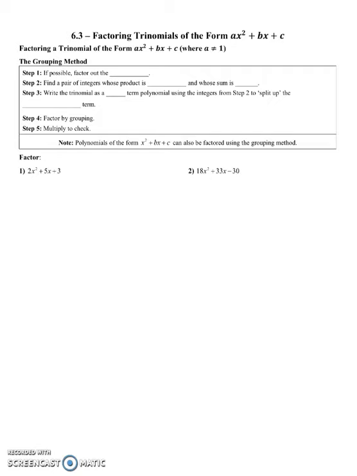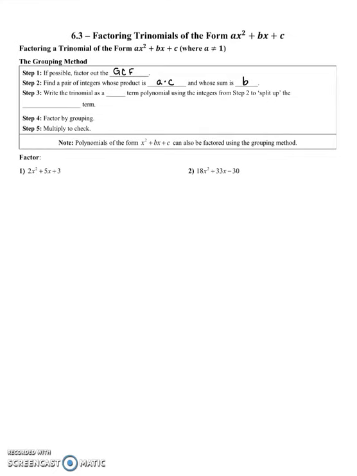So we're going to talk about the grouping method. If possible, we always factor out the greatest common factor. We've talked about that before. Then we find a pair of integers whose product this time is a times c and whose sum is the b term.